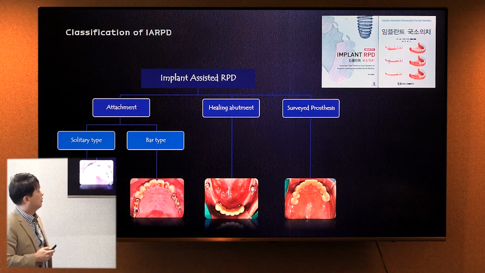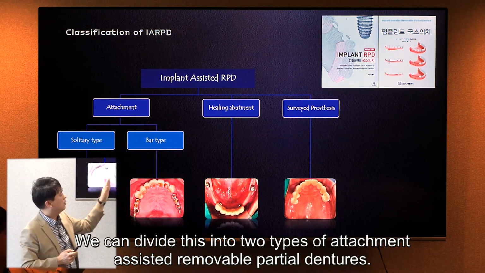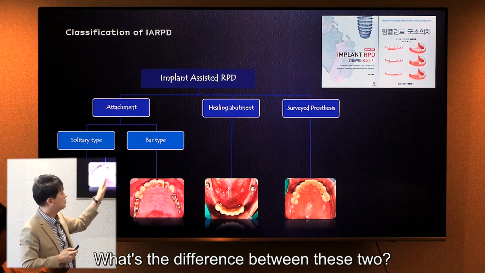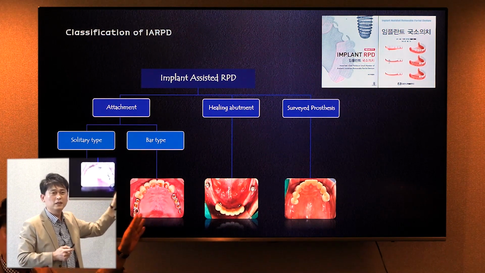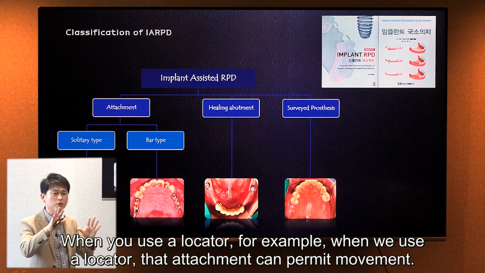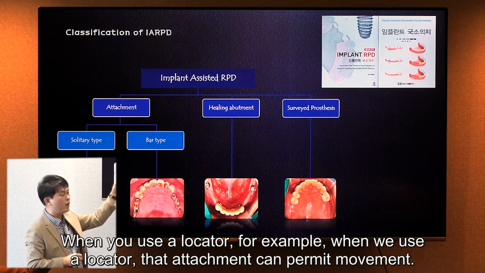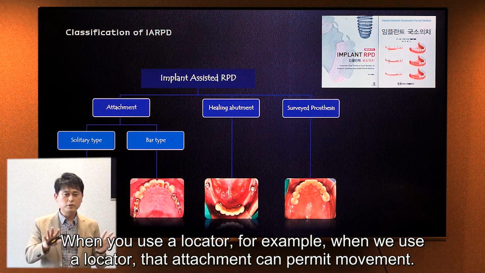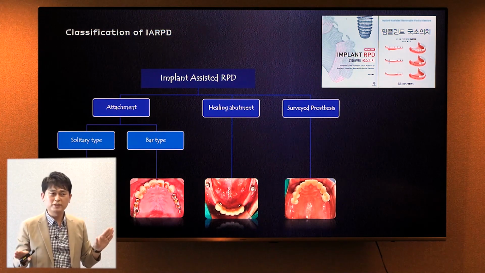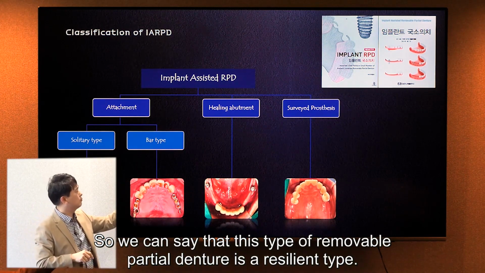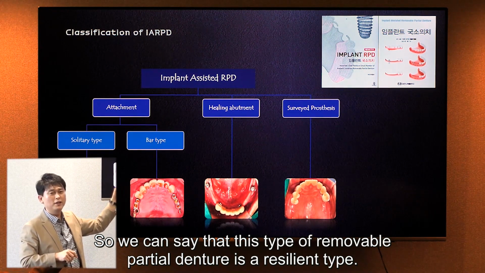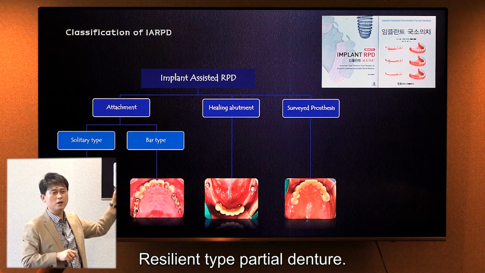So we can divide into 2 kinds of attachment-assisted removable partial denture. What's the difference between this one and this one? When we use a locator attachment, for example, it can permit movement. So we can call this type of removable partial denture a resilient type partial denture.